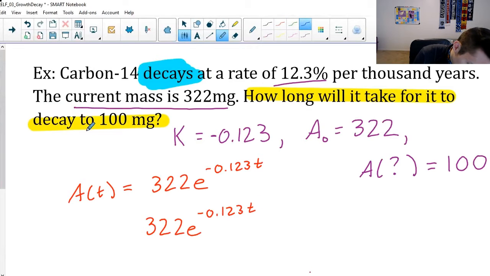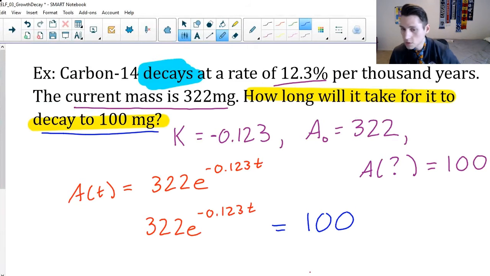I want to figure out if this equation is going to reach 100, how much time will that take? So I want to solve for T, finding time.